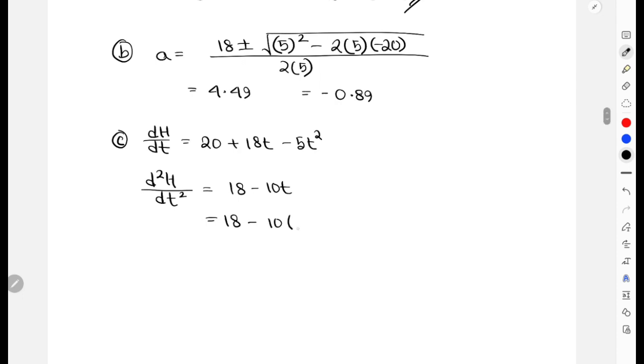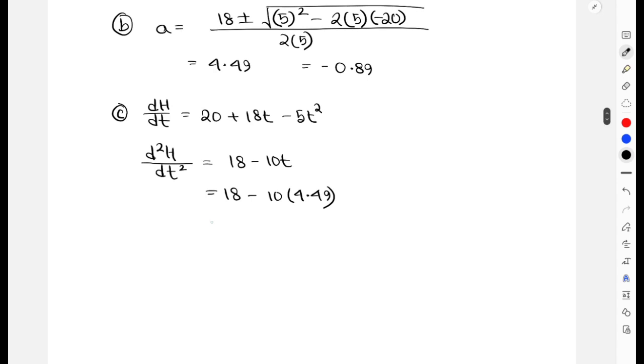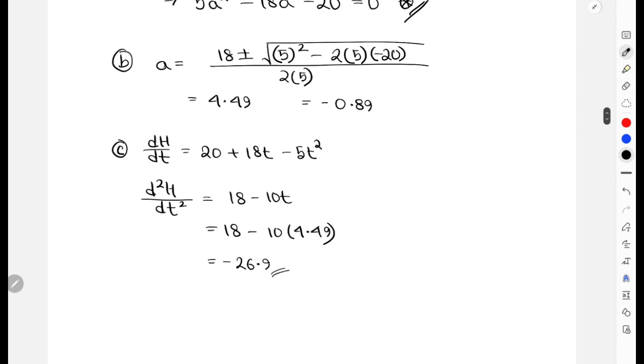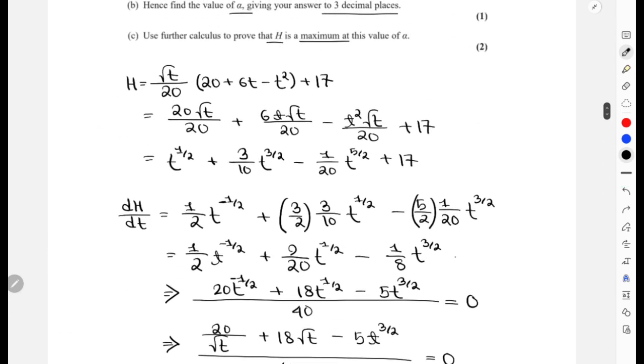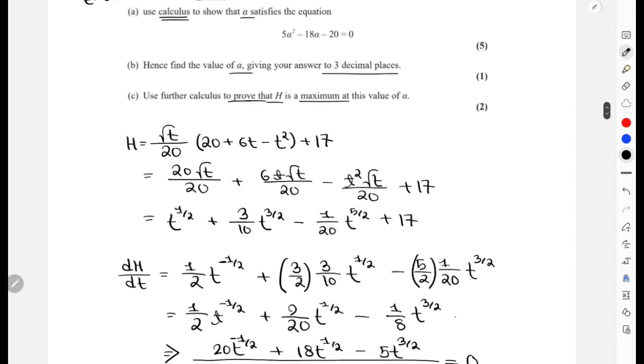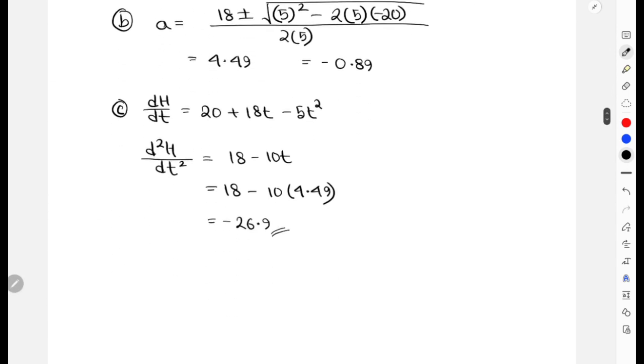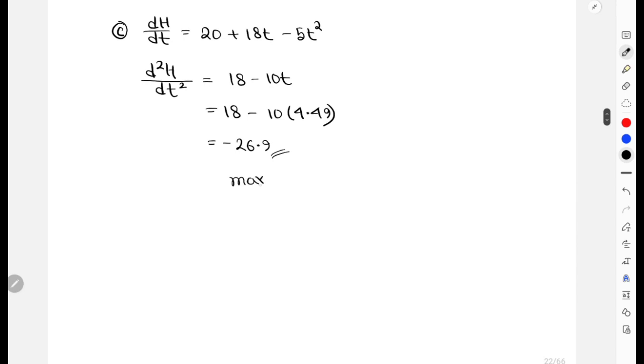So 18 minus 10 times 4.49 is negative 26.9. For this negative 26.9, always remember, if the double differentiated expression comes out negative, that means at this point it was actually the maximum coordinate, right? If I go back to your question, we needed to prove that, and we did prove that, right? So we can write that yes, this is the maximum coordinate.